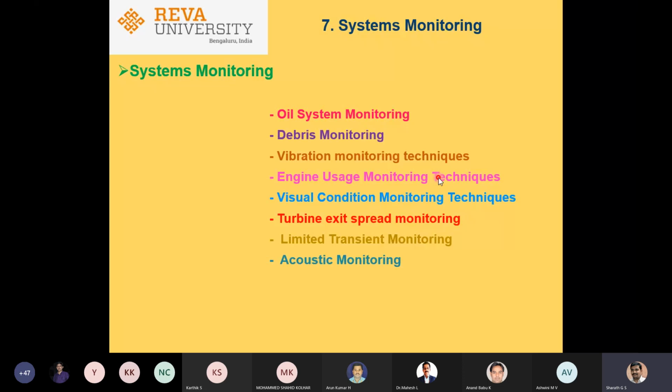Borescope is a rigid one. Fibroscope is something which is flexible, and it is also called an endoscope. Now turbine exit spread monitoring: we have thermocouples fitted downstream of the turbine, circumferentially, to monitor the heat that is developed.